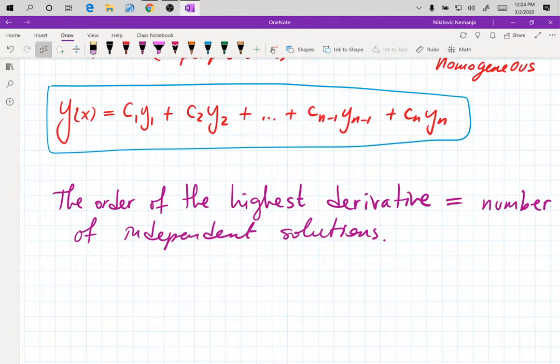And we are still going to have the Wronskian to check for independence of these solutions. But now the matrix is going to be really large, depending on how many of these you have. If you have 7 solutions, you are looking at a matrix that has 49 entries in it, right? Because you have to list all of the derivatives going down to the 6th derivative.